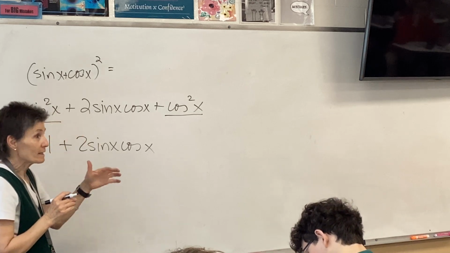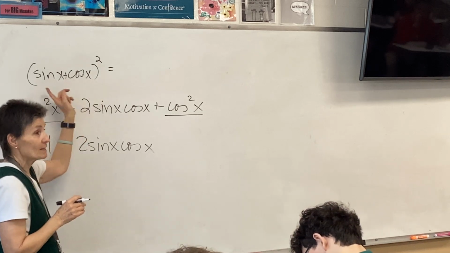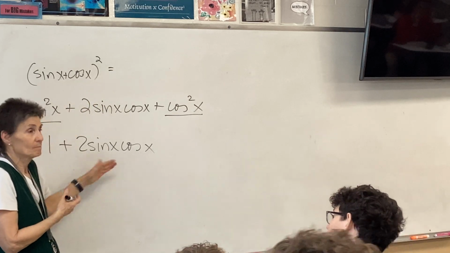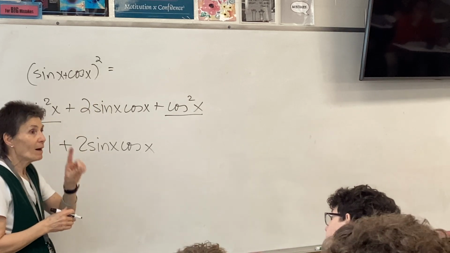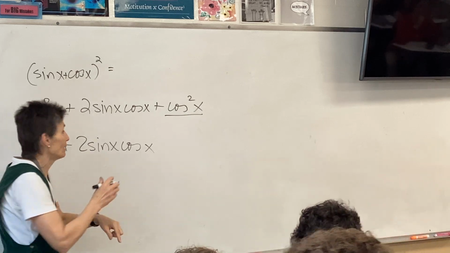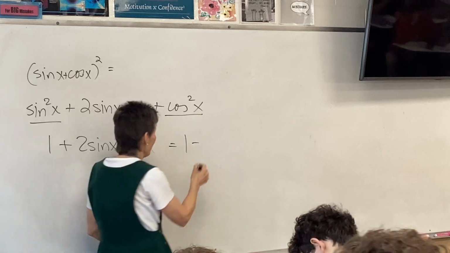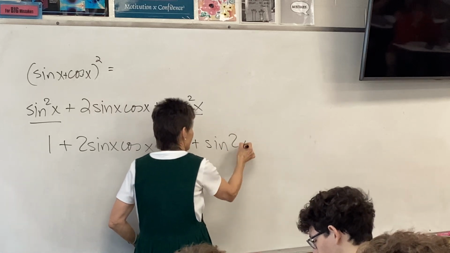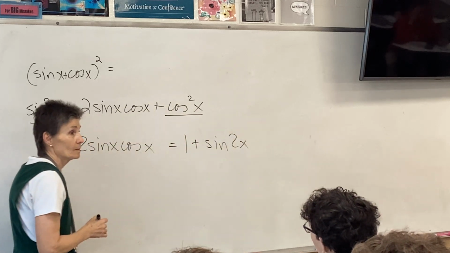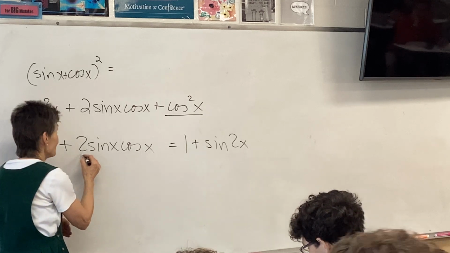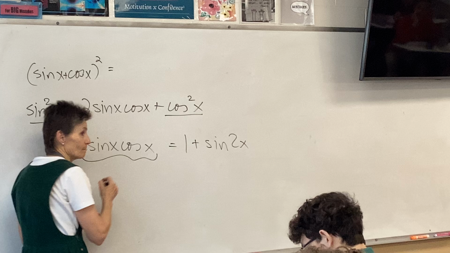If I were walking down the hall and found this, I would simplify it and stop here because that's simplified. But in this particular problem, I have a goal. I am supposed to be ending up with this. So now I have to recognize I've seen this before.